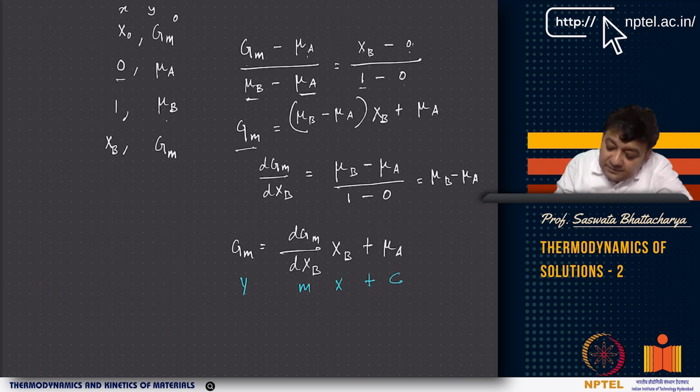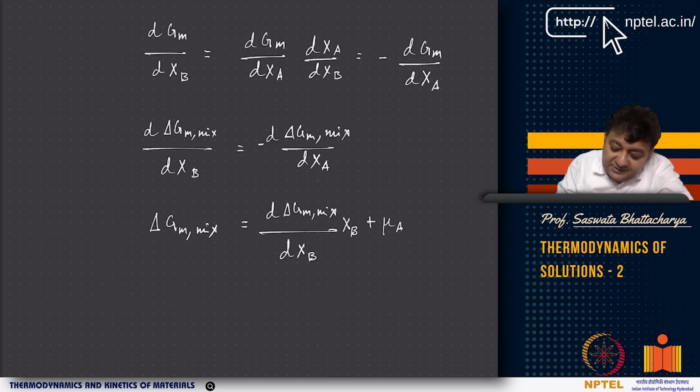Just looking at this analogy, if you can write this, then you can write it for Gm0 also, and then for delta Gm mix, which is the change in free energy due to mixing, given by d delta Gm mix/dxb times xb, where xb is your x variable, plus mu a, and mu is the intercept, right?